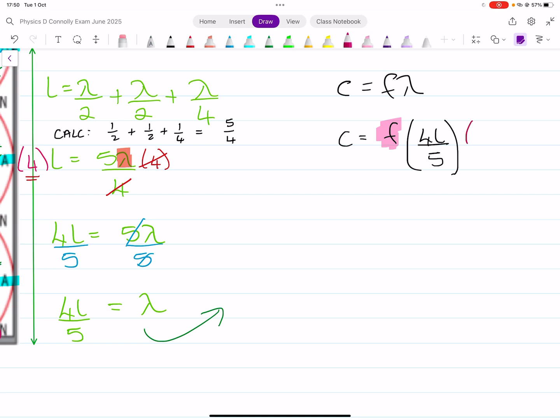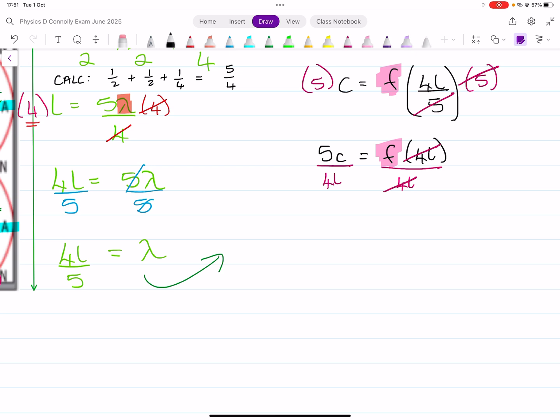So I'm going to multiply by 5 here, multiply by 5 here. So I get 5C equals F times 4L. Again, I want to isolate the F, so I'm going to divide by 4L, divide by 4L.